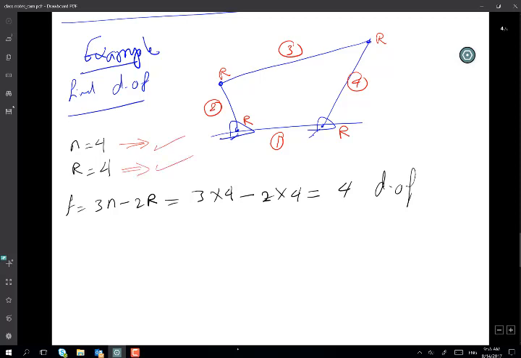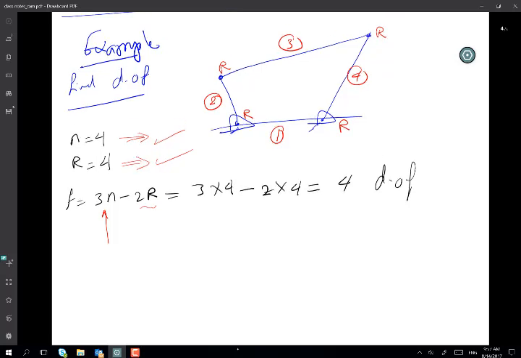Here, when I said 3 times n, this means I accounted 3 degrees of freedom for each link I have, correct? Minus 2 times R, because every revolute joint deducts the freedom by 2, because it allows only one angular freedom. So this makes sense to me.